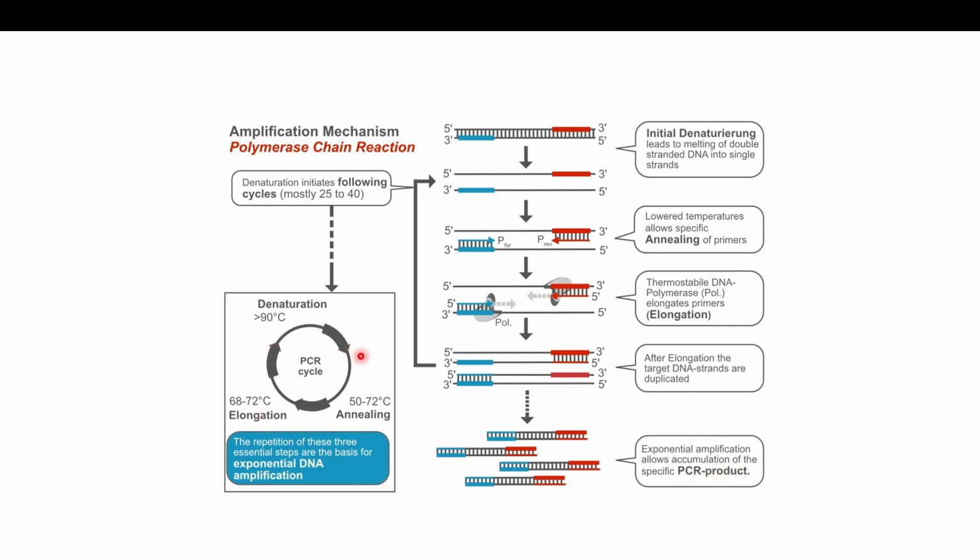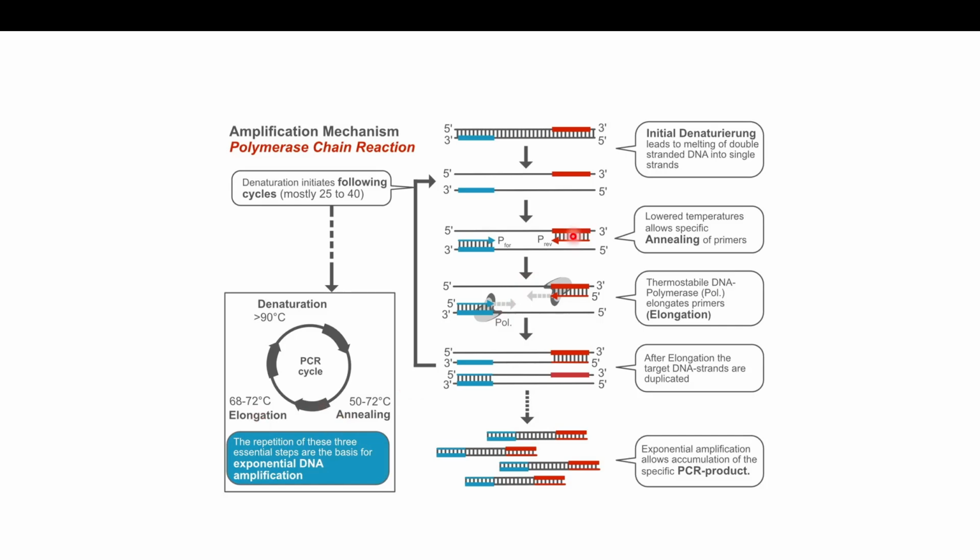So this is the basic cycle: denaturation, usually at 95 to 98 degrees Celsius, or greater than 90 degrees Celsius. Then comes annealing, where you lower the temperature for the primers to anneal to specific regions on your template strand. Then you again elongate at a little higher temperature.